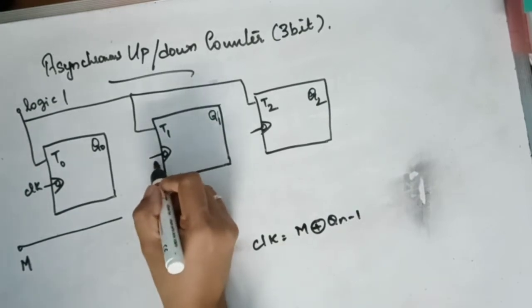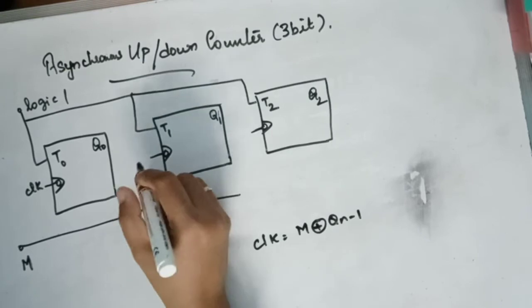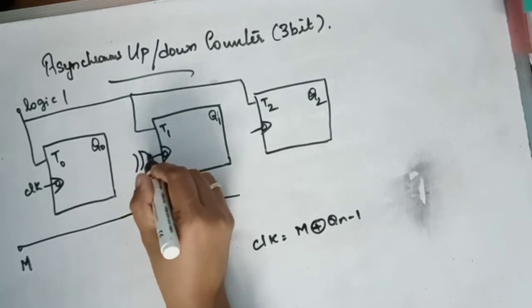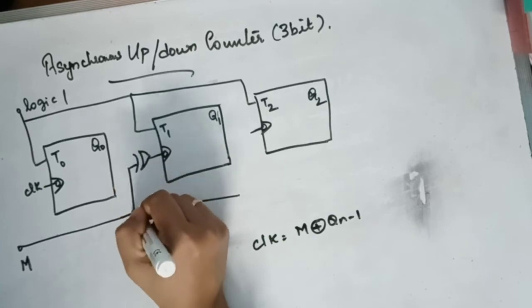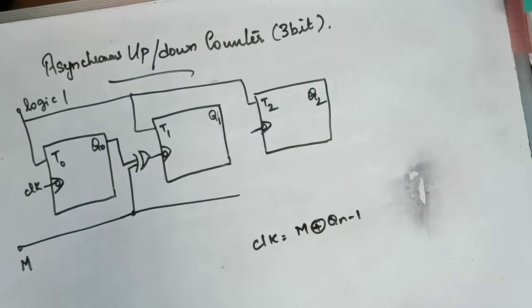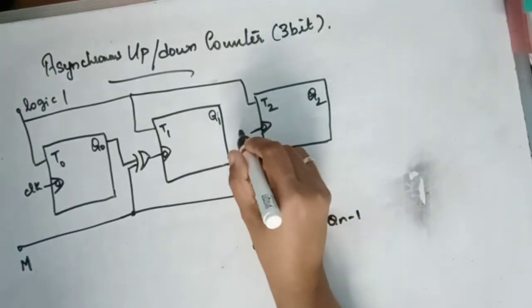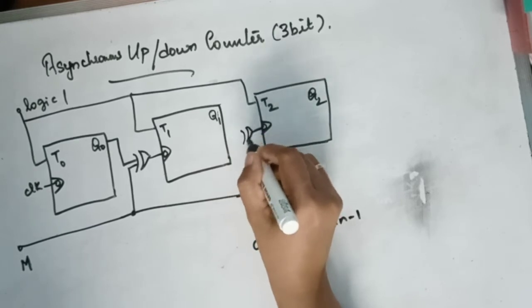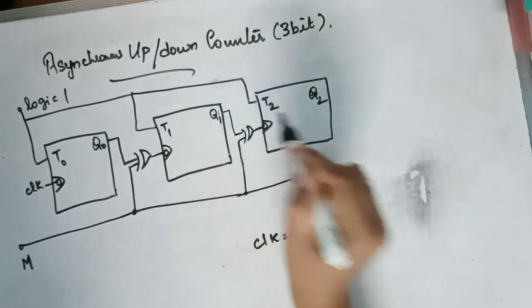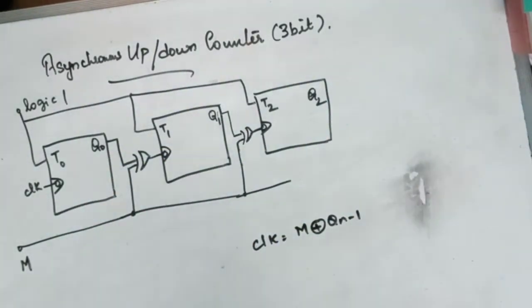So what is the equation for this particular clock? It is M XOR Q0. Here what is it? It is again M XOR Q1.